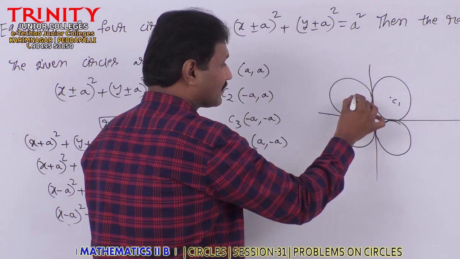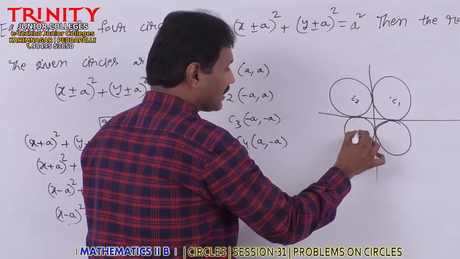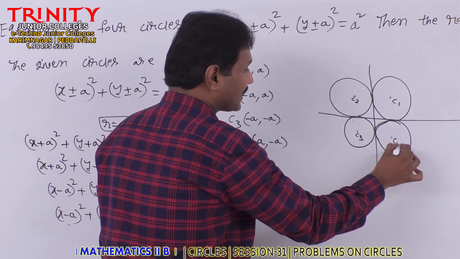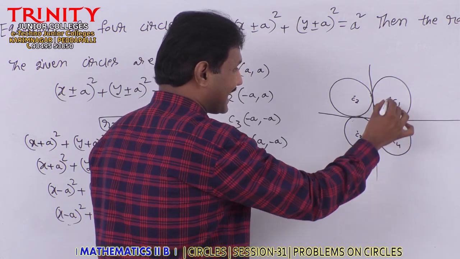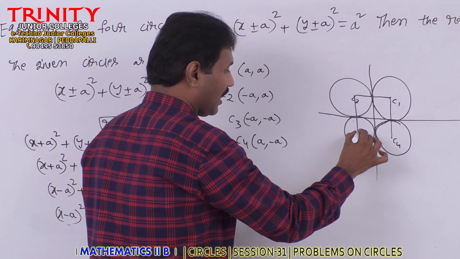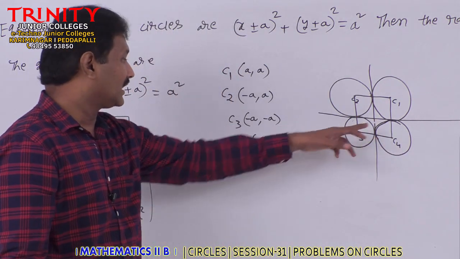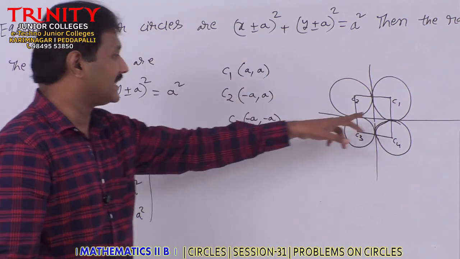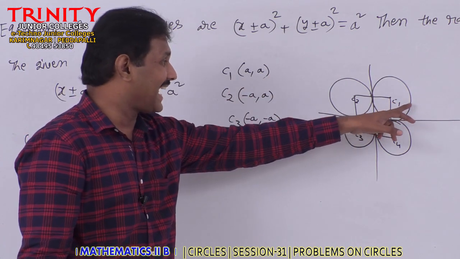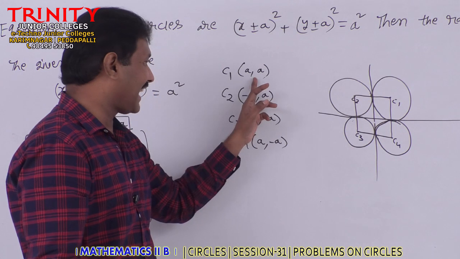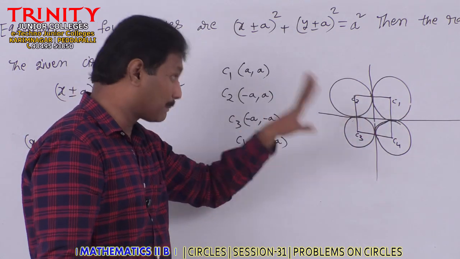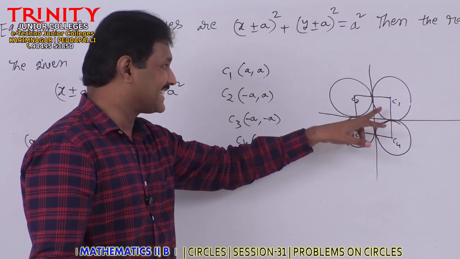This is C1, C2, C3, C4, the centers of the 4 circles. Here this is the origin. The first center is (a, a), which lies in the first quadrant. Take a positive, so the radius is a.